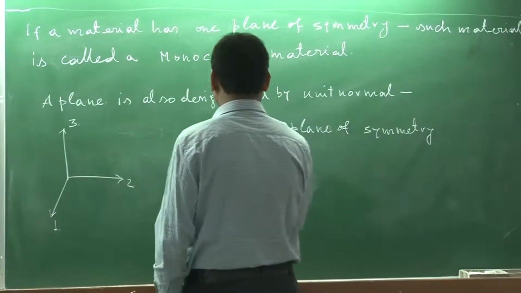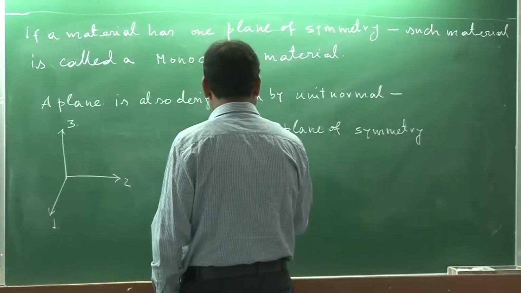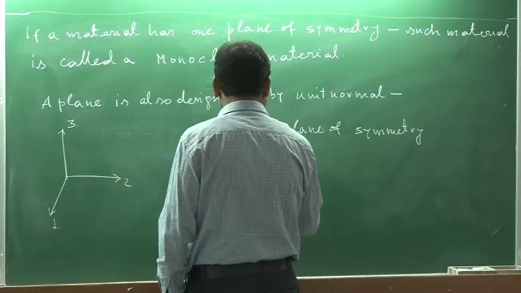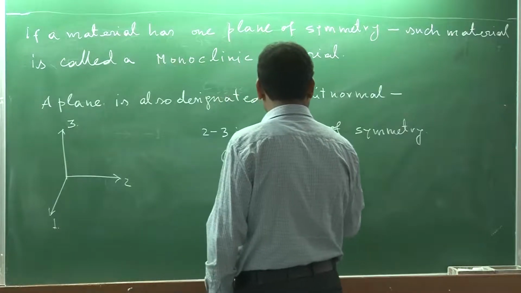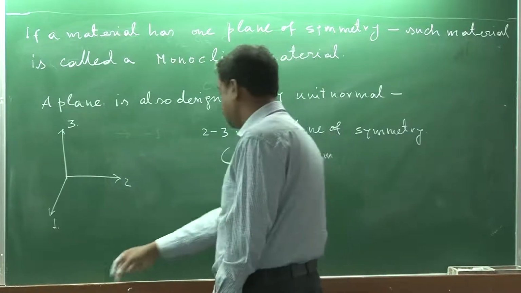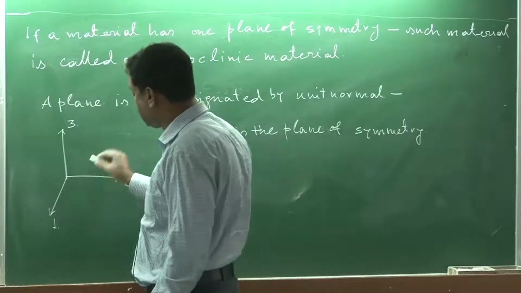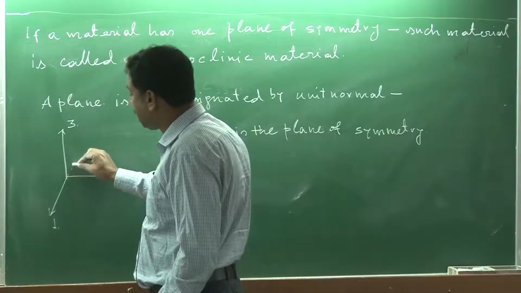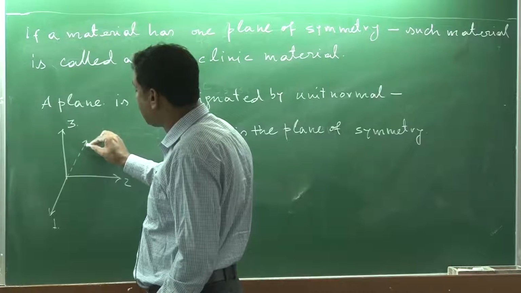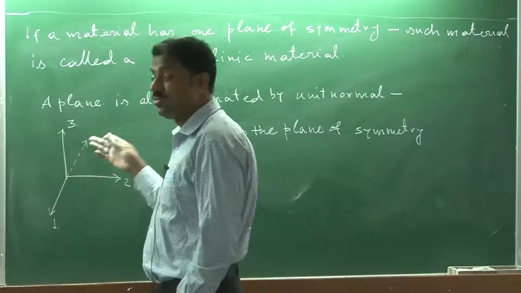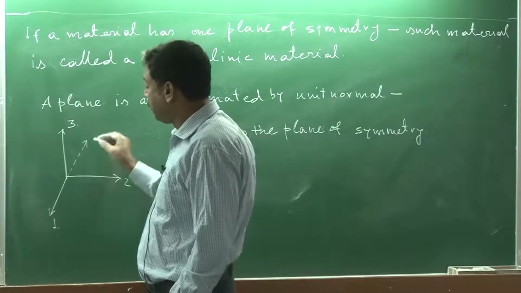The 2-3 plane is what? Not the axis of symmetry. The 2-3 plane is designated by 1. So, I will reflect with respect to 2-3, that is the plane of symmetry. So, 1 becomes what?